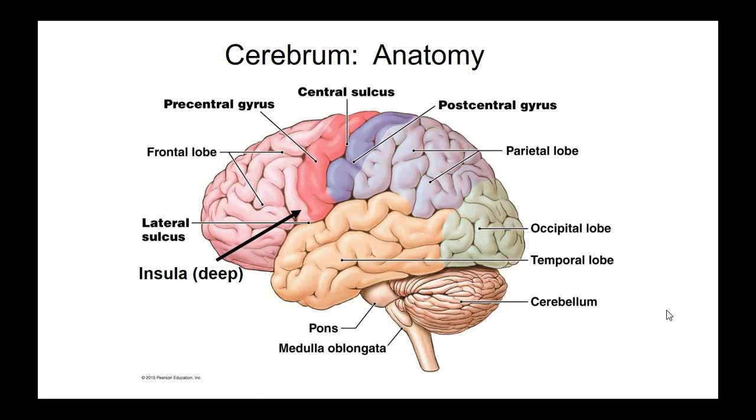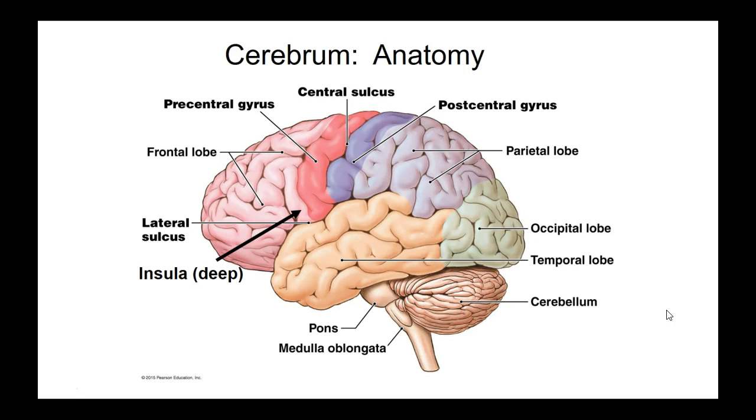These are going to be important structures that we're going to talk about for sensory input and motor output. These terms you're going to hear over and over again. What separates the frontal lobe from the temporal lobe is the lateral sulcus.